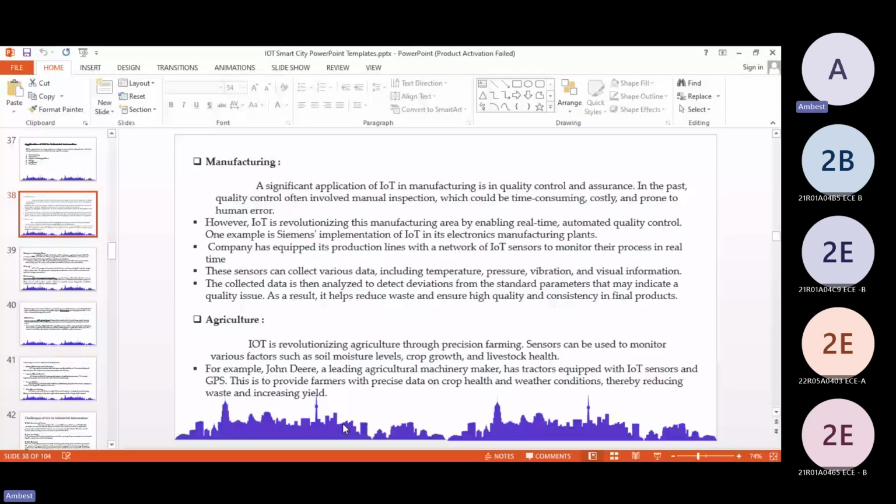Just like an example they took here, the implementation of IoT in electronics manufacturing plants. These companies use sensors on whatever network they have, and with that network, these IoT sensors can be monitored.